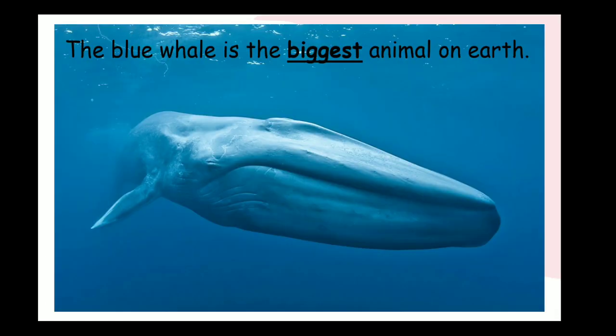The blue whale is the biggest animal on earth. So it is bigger than the elephant and bigger than all the big animals. This is the superlative degree, and that is why we have used the before it. Don't forget that we use the before the superlative degree.